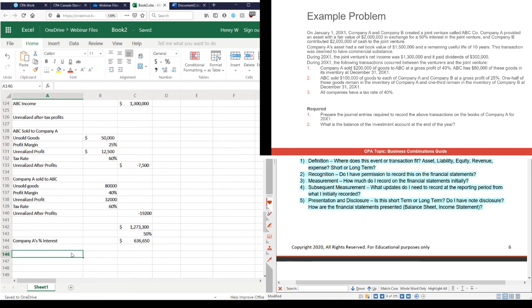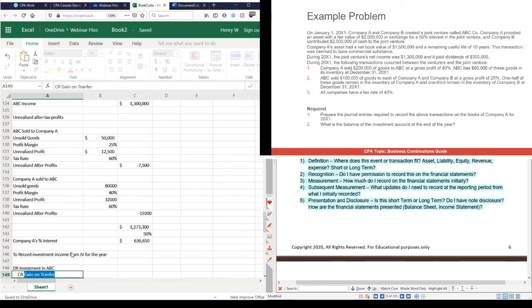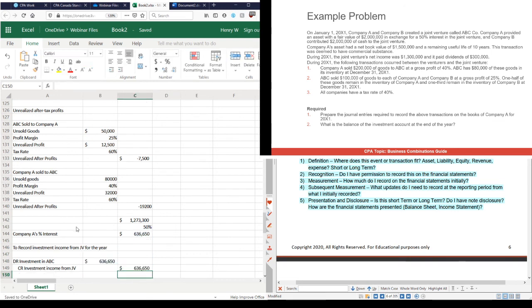So now we're also going to do the journal entry to record here. So debit investment in ABC, credit investment income from JV, 636, 636.